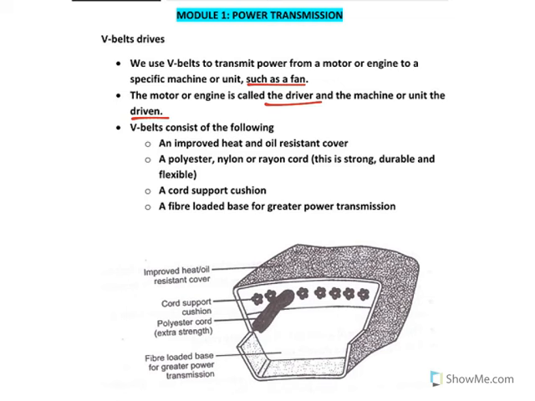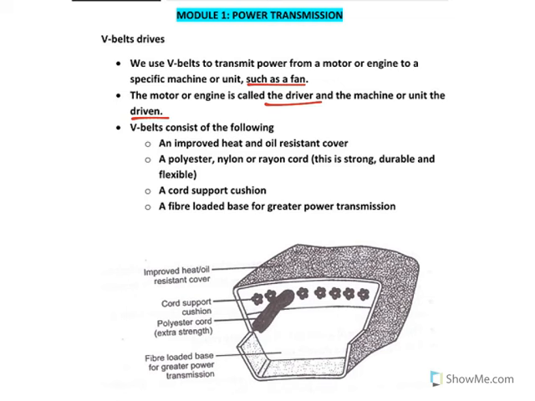In these places, we are talking about big fans, such as the fans that you see in industries, so as to bring in some ventilation in a building, or to cool off a big machine that is producing some heat. So for these fans to be rotating, there are belts at the back that are connected to these fans or that are connected to the motor. So these belts are called the V-belt.